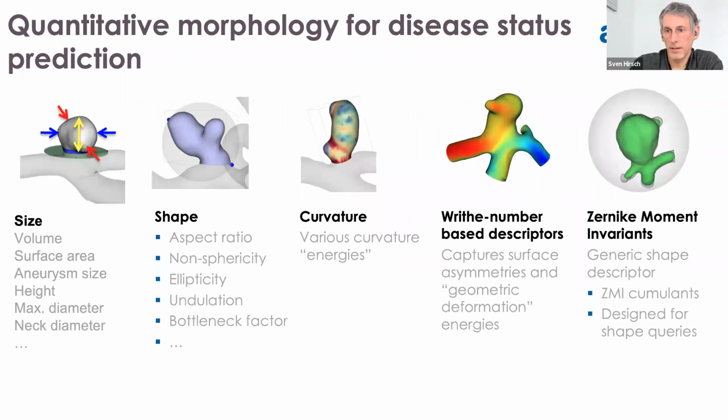So then the data scientists get really happy, because they can now implement a lot of descriptors, and that's what we did, plenty of them. We can extract those from the cerebral aneurysm, and we looked at whether we can get a machine learning model that represents the rupture risk best.